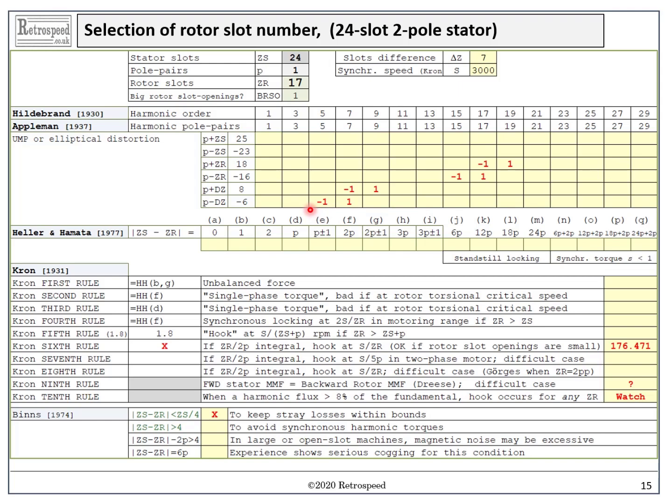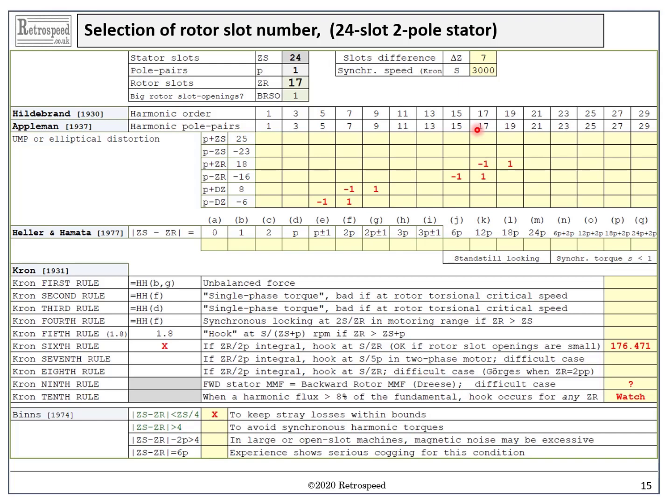If we look at the 17th MMF harmonic, it has 17 pole pairs. And then this permeance harmonic at P plus ZR has 1 plus 17 equals 18 pole pairs. So the difference in pole pairs is 1 and the difference in poles is 2, and it shows up in bold red type.